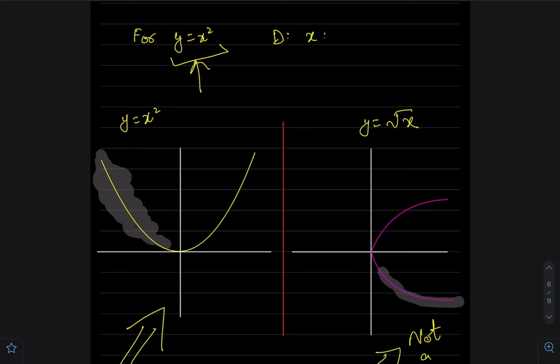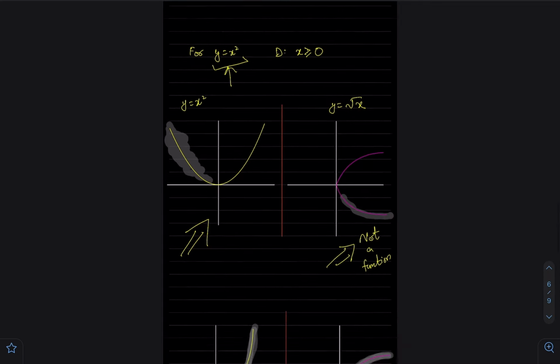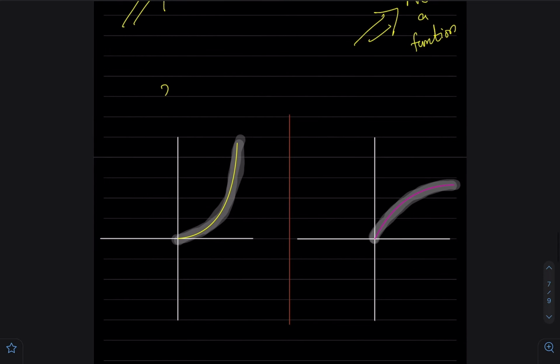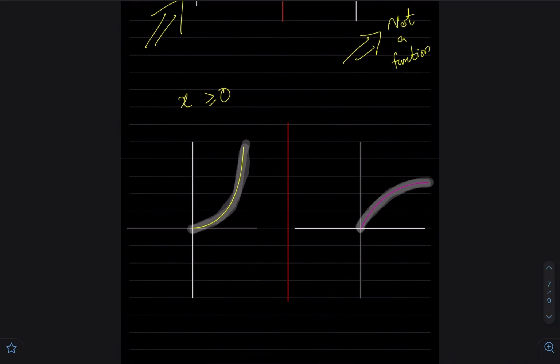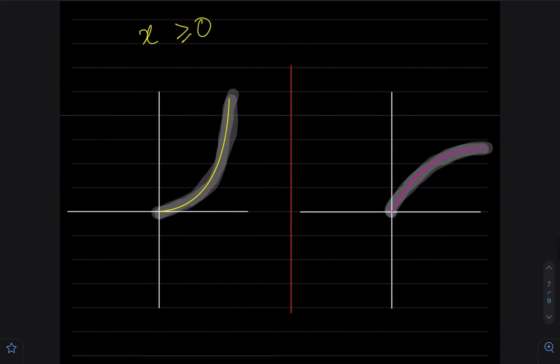We're just going to take the positive values, which is this. So we only took this, and if you invert this, you're going to get this, which is a function. There will be questions, we'll do those in the past paper session, when the examiner asks you to restrict the domain in such a way as to get a function which has an inverse.